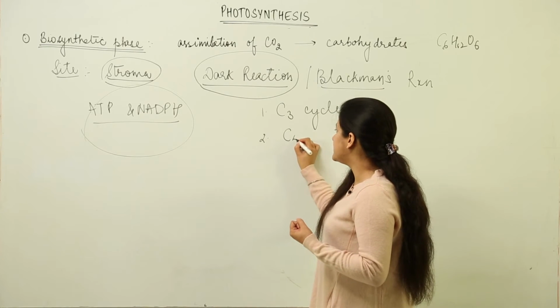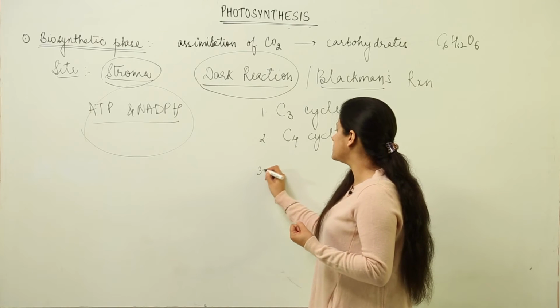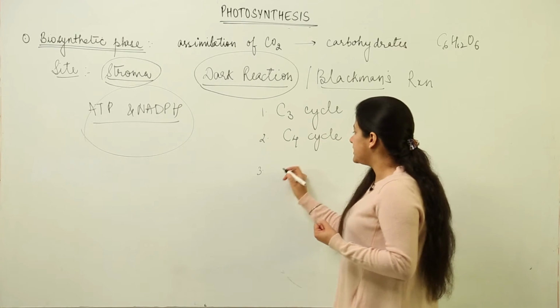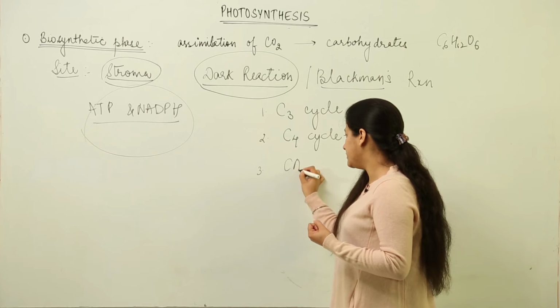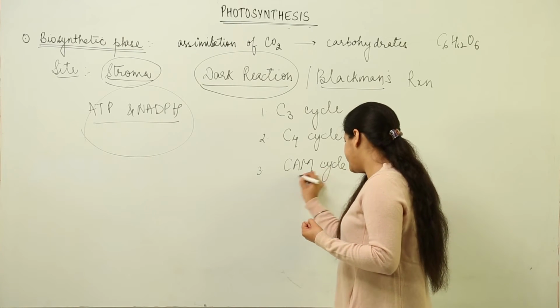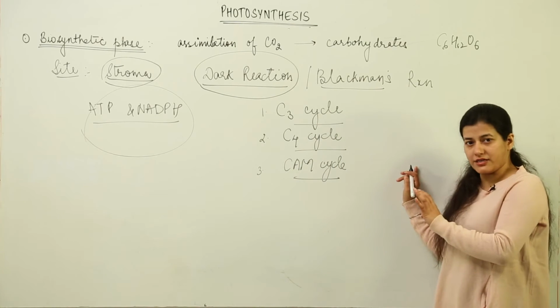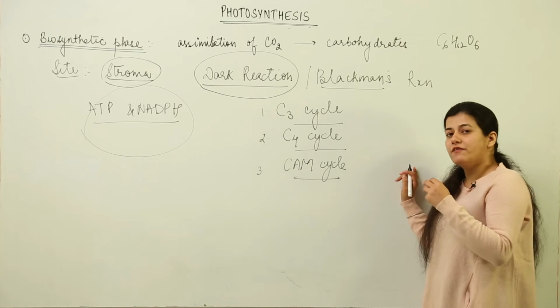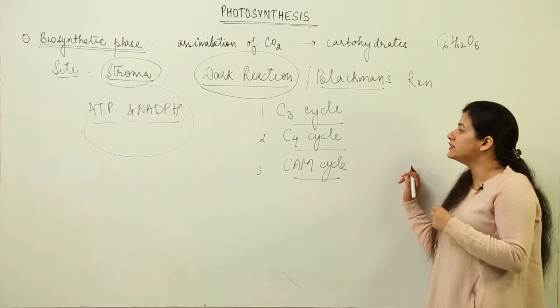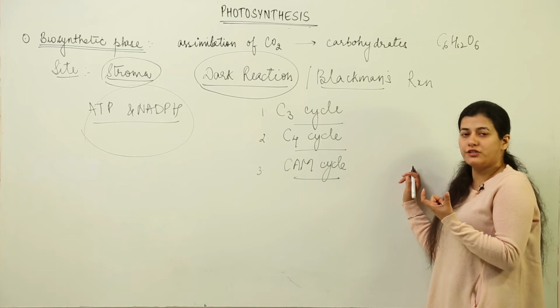The second one is the C4 cycle, and the third one is quite similar to the C3 and C4 cycles, but with a little bit of difference. These three cycles are biosynthetic phases, different pathways, where we have a little difference in the formation of different compounds.